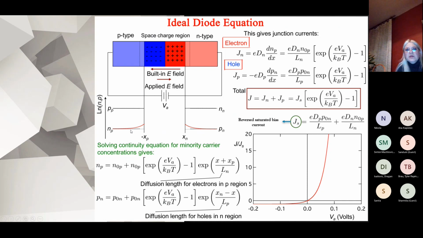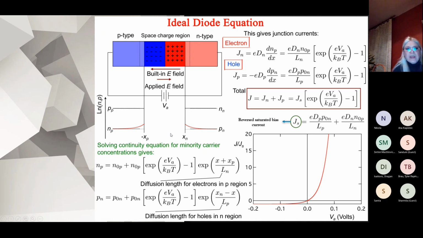That's why we drew here that the concentration increases as we get close to the depletion zone. Also my minority species in the n-type region, which are holes, also increase in concentration next to the depletion zone or space charge region.